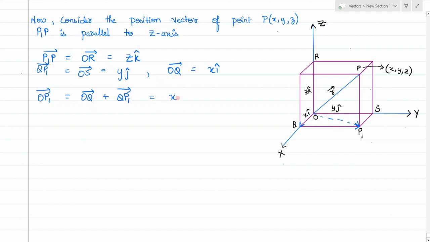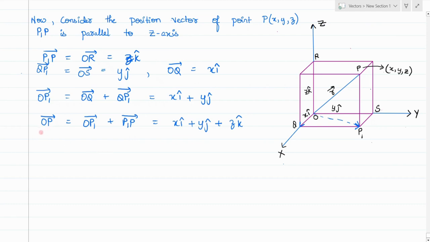So from here we can write it as x i cap plus y j cap. Now if you consider the triangle OP1P, we can write OP vector as OP1 plus P1P, again using the triangle law of addition, that is x i cap plus y j cap, which is nothing but OP1, plus z k cap, that is this.